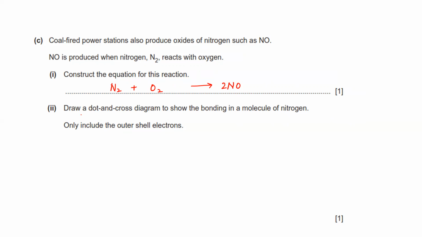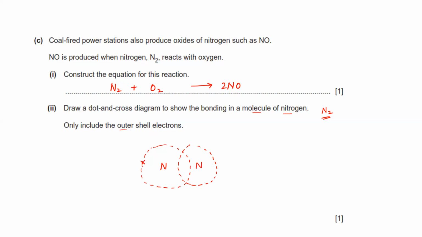So then part 2, it says draw a dot and cross diagram to show the bonding of a molecule of nitrogen. Okay, so remember this is N2, molecule of nitrogen. Only include outer shell electrons. So say for example, this is my first atom of nitrogen, and this is my second nitrogen atom.